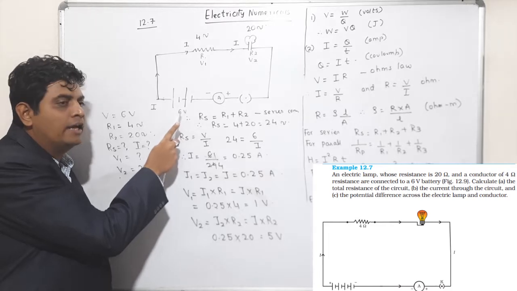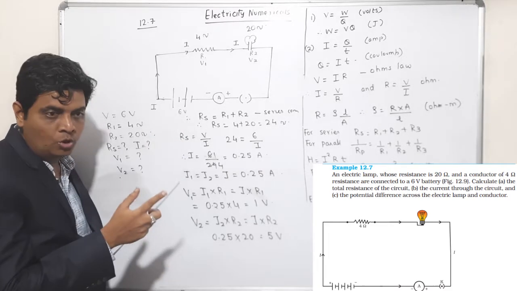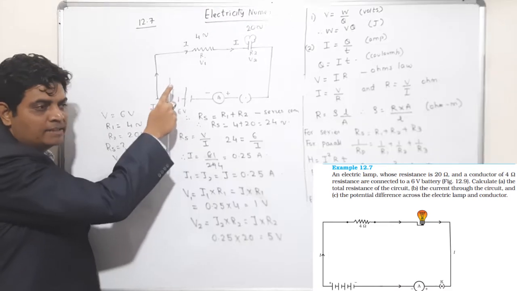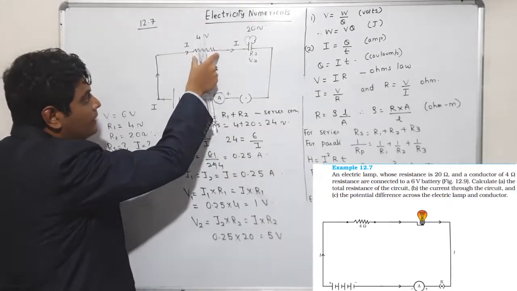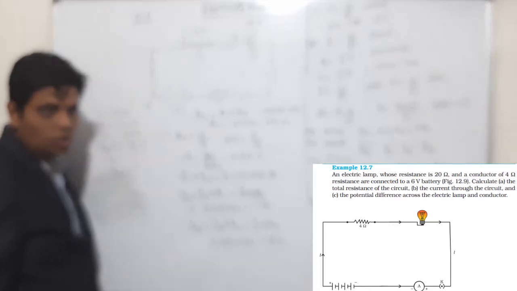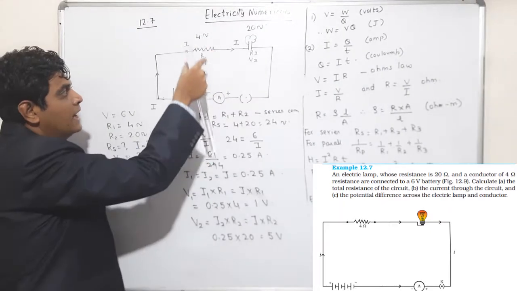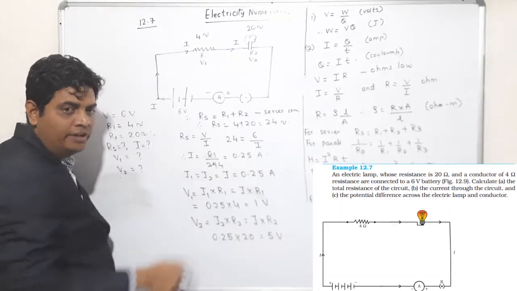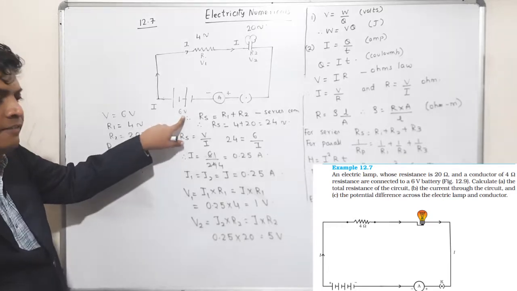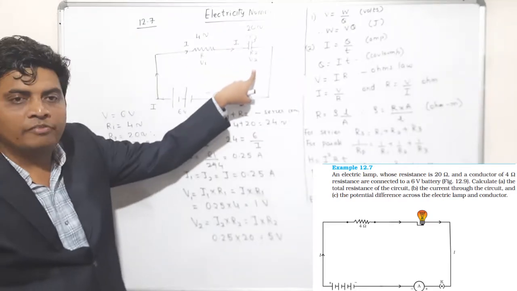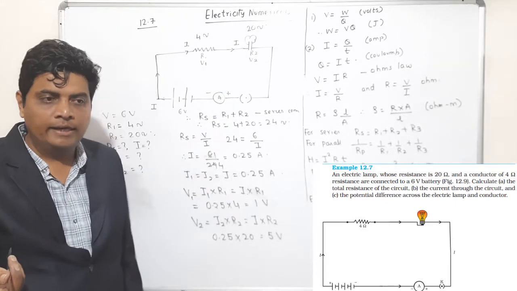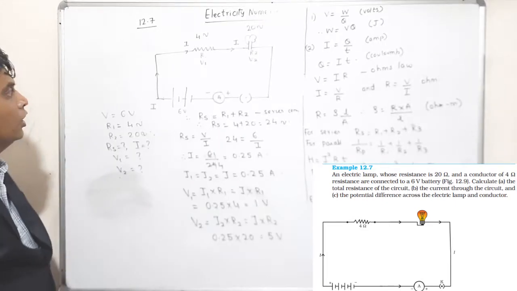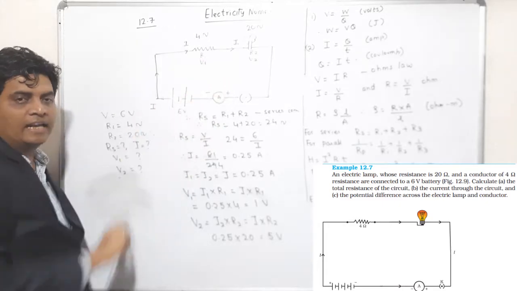It means it is giving this much energy, and this energy gets used up at this place and this place. So the energy used at this place is V1 and here it is V2, and the total energy given by the battery is equal to V1 plus V2. So your V is equal to V1 plus V2 in a series circuit. We know this.